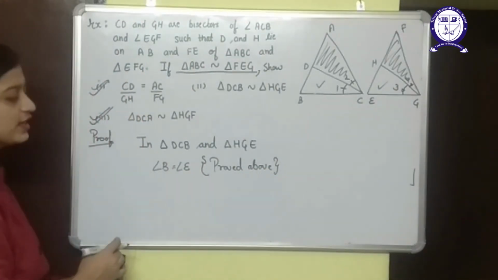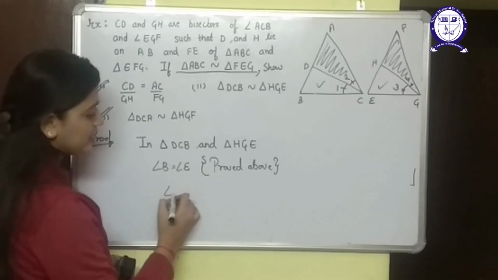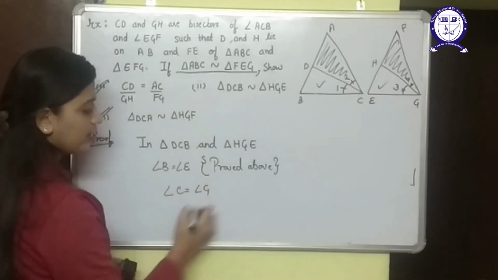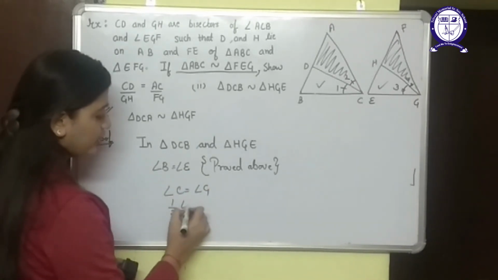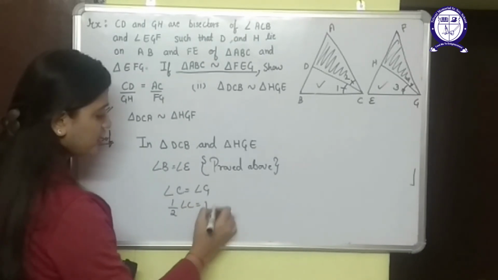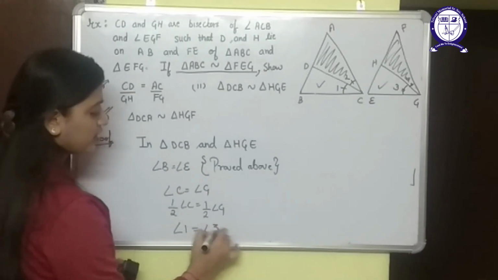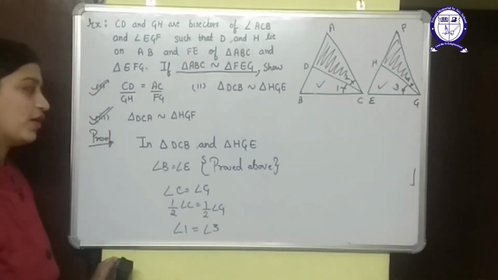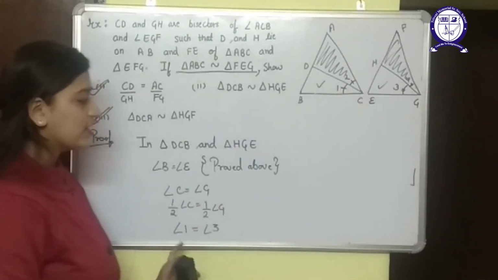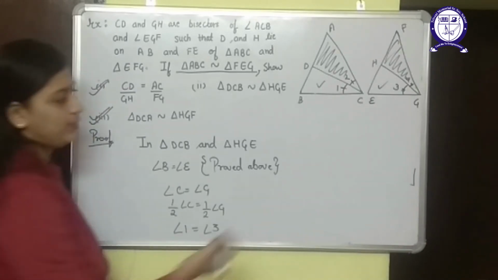Now second thing is, you can see that angle C is equal to angle G. So half of angle C will be equal to half of angle G. So angle 1 equals angle 3. Okay. Now again by angle criteria, both the triangles will be similar.